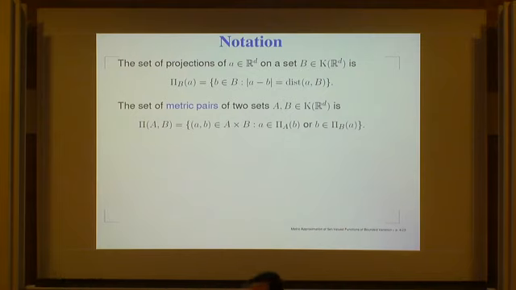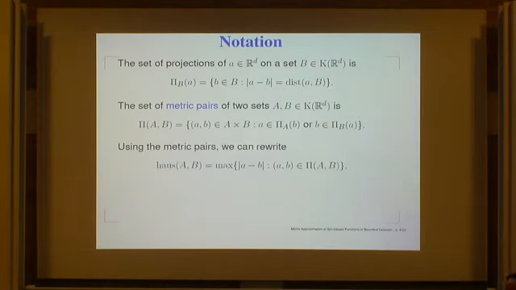I'm working with the usual Euclidean distance here, and this must be a part of a ring. So then where are the projections? They all lie here at the same distance. And the set of projections will be this arc. And for two sets now we do the opposite, the other way around also. Two points, a of the set A and b of the set B, are called a metric pair if one of them is a projection of the other one.